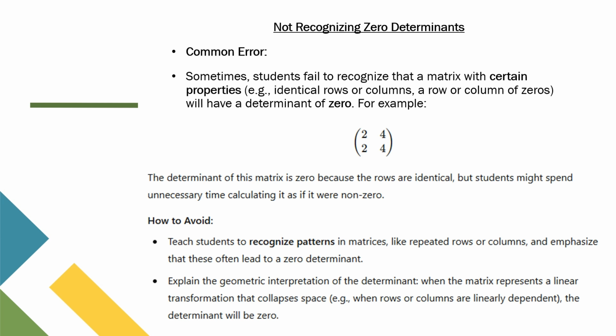The determinant of this matrix is 0 because the rows are identical, and a student might spend unnecessary time calculating it as if it were non-zero. So students are to recognize patterns in a matrix like repeated rows or columns and emphasize that these often lead to a zero determinant.